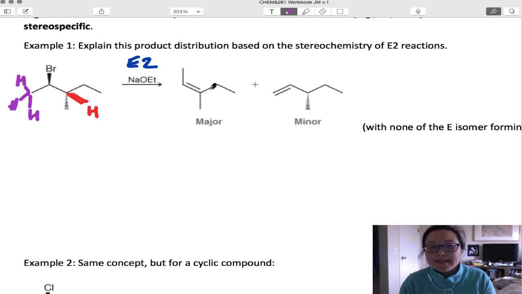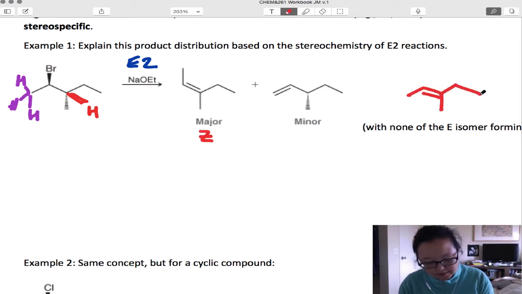We've got the same side isomer here, this is the Z isomer, and then we've got the other version which is the E isomer, so opposite sides here. Now, if we look at this carbon skeleton, you'll actually notice that it looks like this one. So it looks like this. And so you would think that if you remove the hydrogen, you should have this alkene. This is the E isomer.